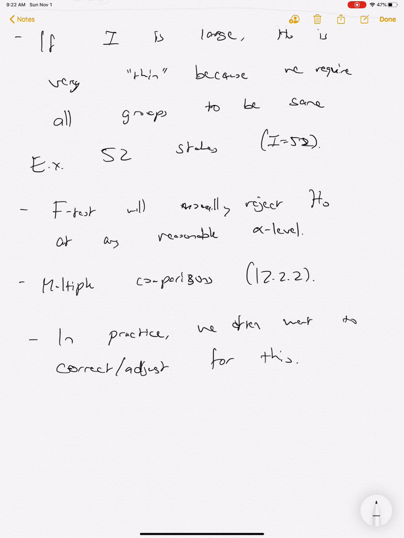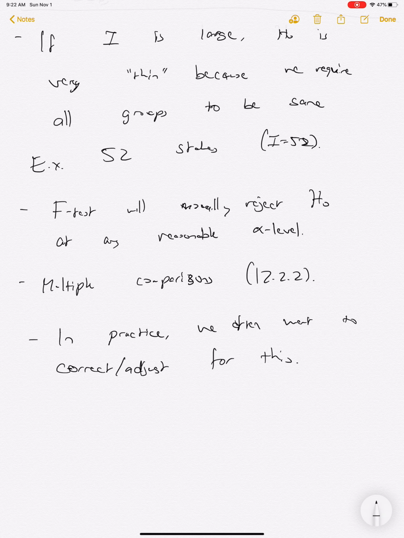I just wanted to alert you that for most data sets you apply this ANOVA analysis with an F statistic to, unless you do something a little different, you'll probably reject the null hypothesis.